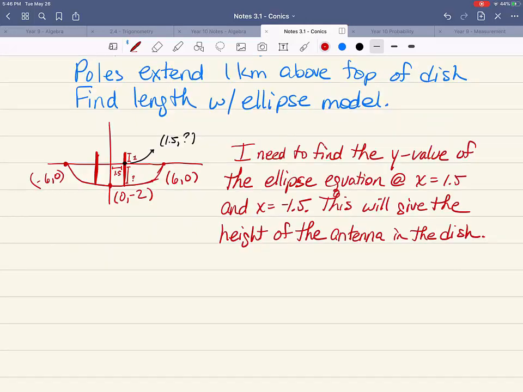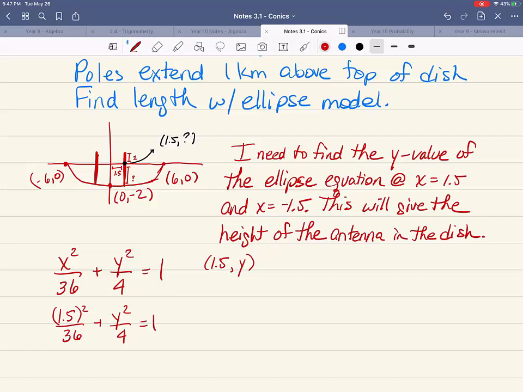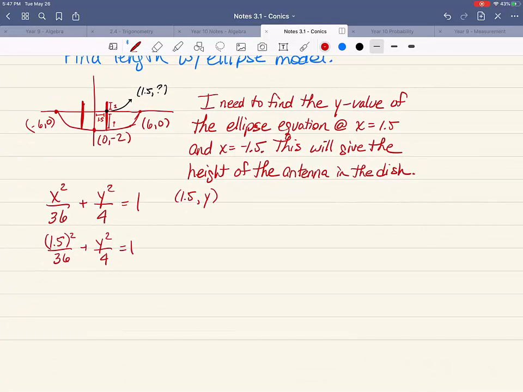So we're now going to rewrite the equation, which was x squared over 36 plus y squared over 4 equals 1. I am substituting in the point 1.5 comma y, because I don't know what y is. So 1.5 squared over 36 plus y squared over 4 equals 1. Once again, we are solving a problem for a variable within the equation.